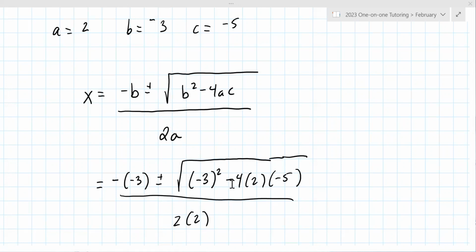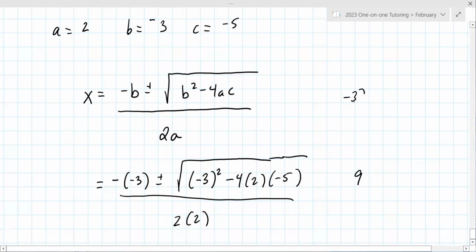Now focus on the part under the square root. Parentheses -3 squared is saying take -3 and multiply it by itself. -3 times -3 is +9. Two negatives make a positive. And then you would subtract 4 times 2 times -5.